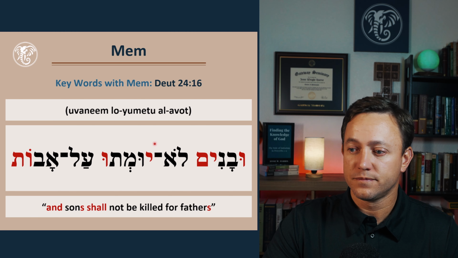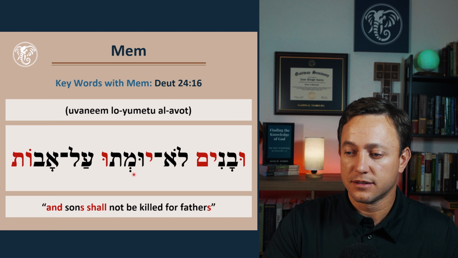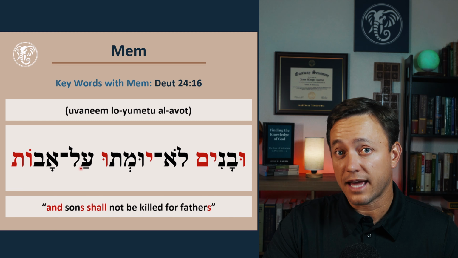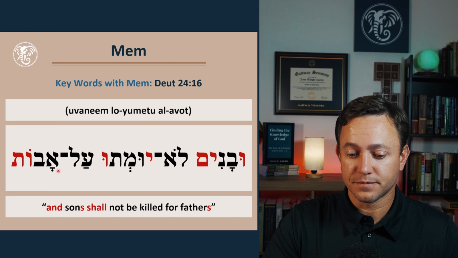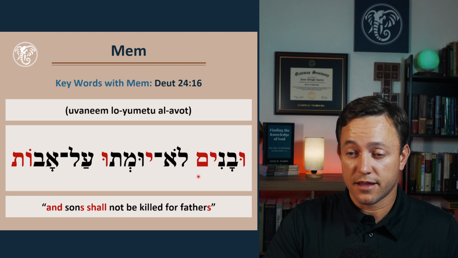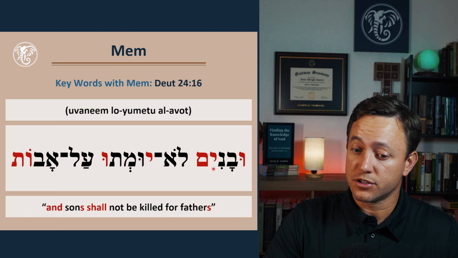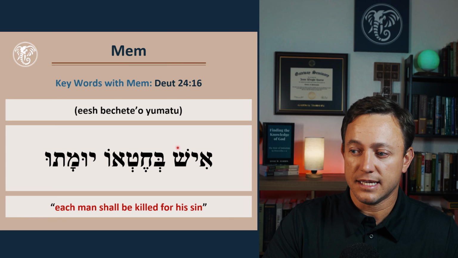Lo means no. Yumetu, right? The same word here from mut or met, to die. So they shall not be put to death, the sons, all on account of or because of avot, the fathers, right? So the fathers shall not be put to death for the sons, and the sons shall not be put to death for the fathers. All right, then we have ish. Ish, hopefully you remember what ish means.